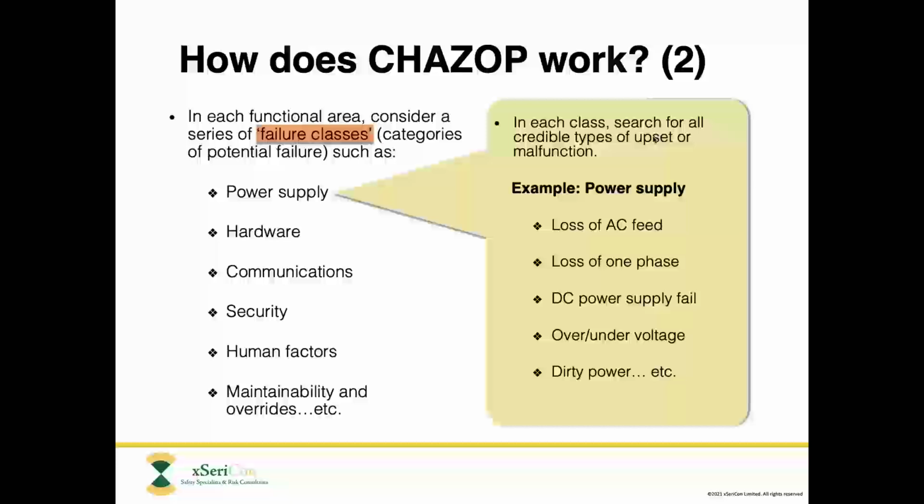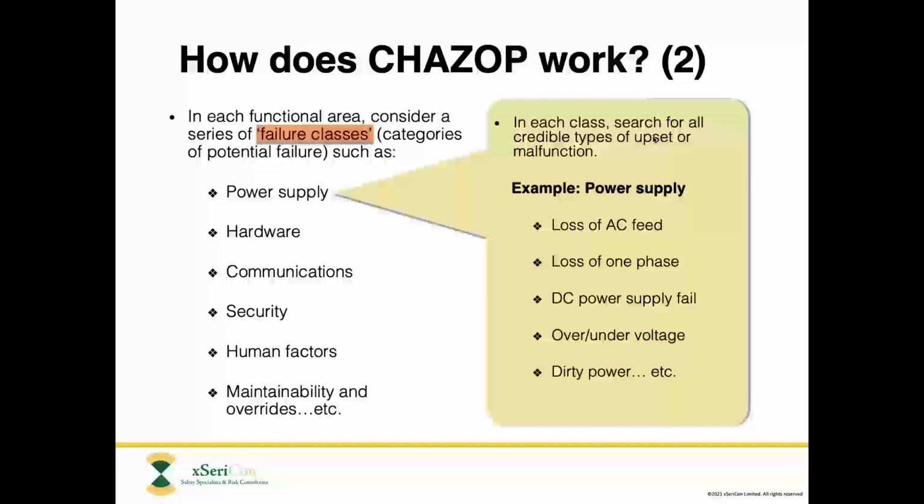And some examples of failure classes are shown on the left side of this slide, such as power supply to a specific functional area, the hardware within a functional area, communications within and to and from a functional area, any security issue relating to that functional area, any human factors relating to it, maintainability, overrides, and a whole lot of others. So we have usually about 12 different failure classes altogether. So in HAZOP terms, those failure classes are like deviations.